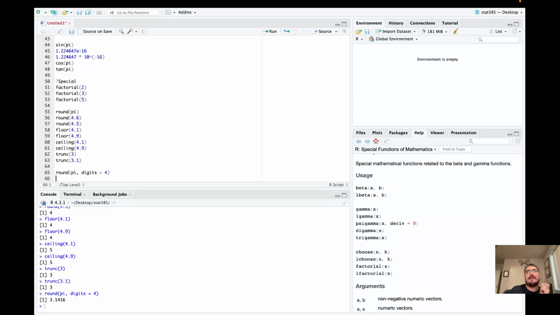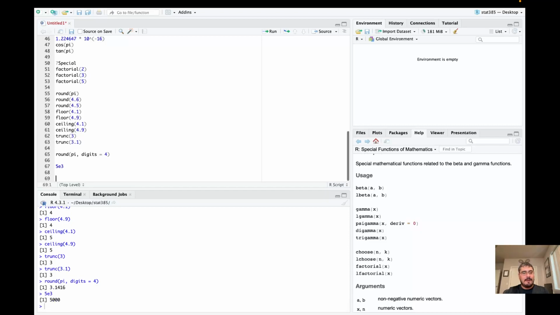We can also express numbers in R using scientific notation. If I want to, I can write 5,000 as 5e3, which is the same thing as 5 times 10 to the third power, or just 5,000.